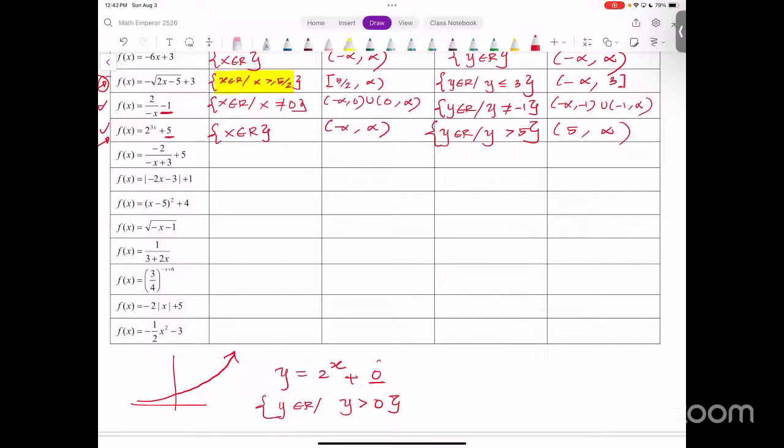Hello. Yes. Hi. Okay. Now we can also visualize the graph. So let's go to Desmos and plot y is equal to 2 to the power of 3x plus 5.